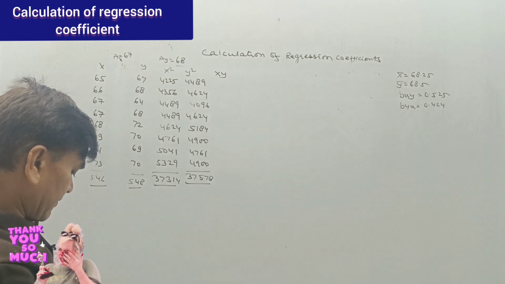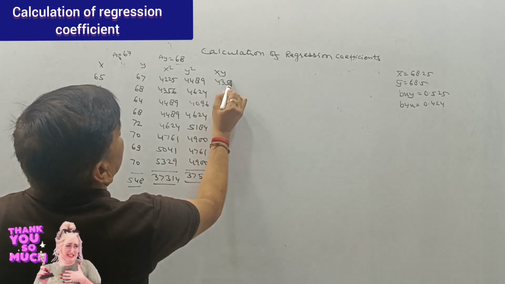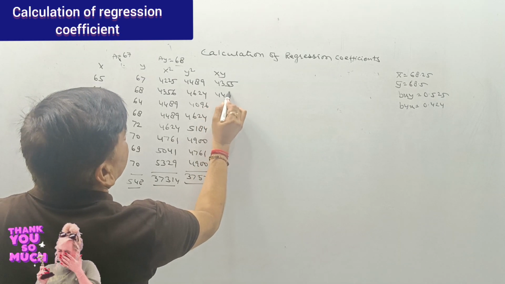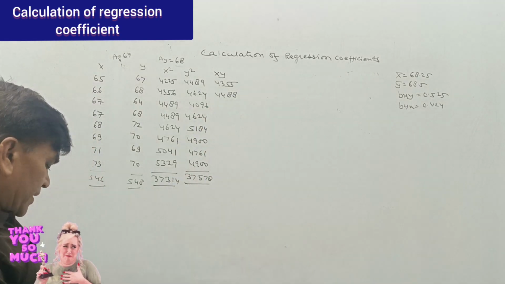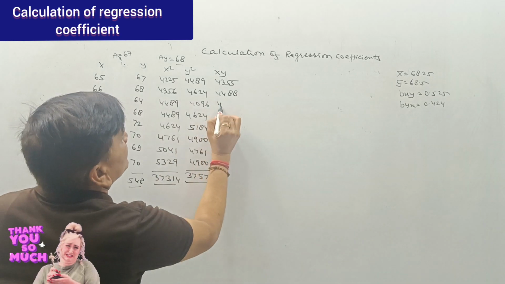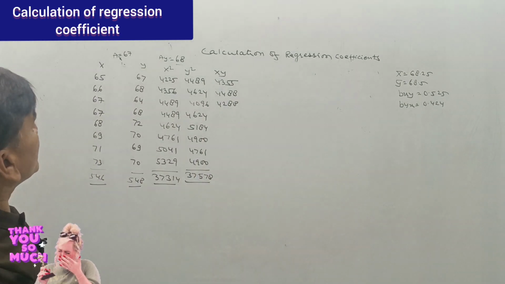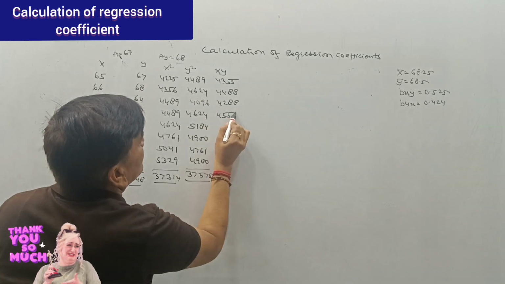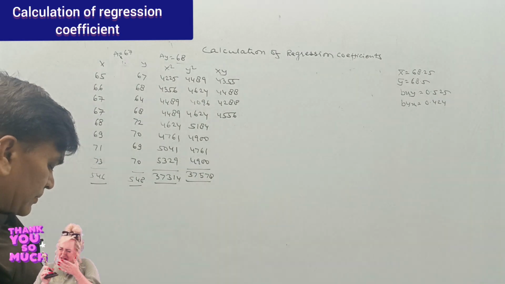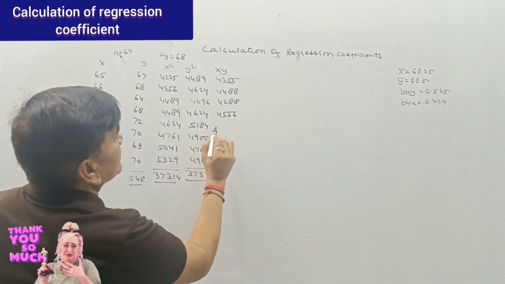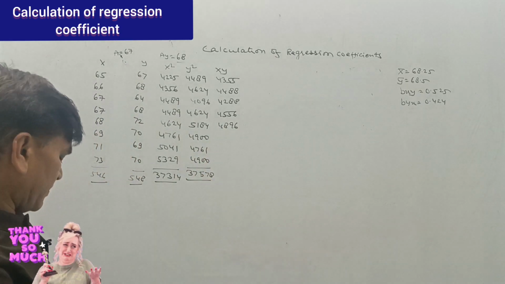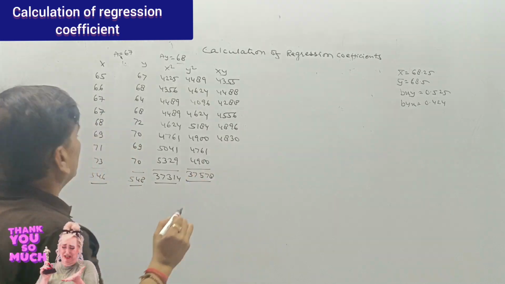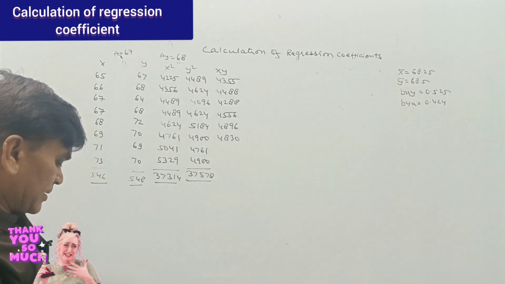Now next, XY. 65 multiplied by 67, 4355. 66 multiplied by 68, 4488. 67 multiplied by 64, 4288. 67 multiplied by 68, 4556. 68 multiplied by 72, 4896. 69 multiplied by 70, 4830. 71 multiplied by 69, 4899.